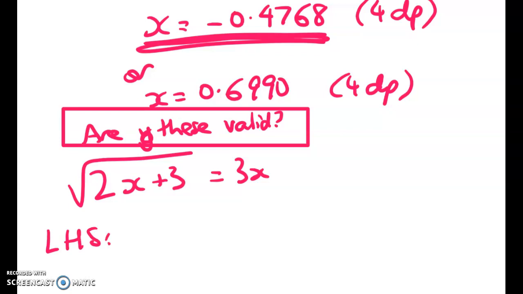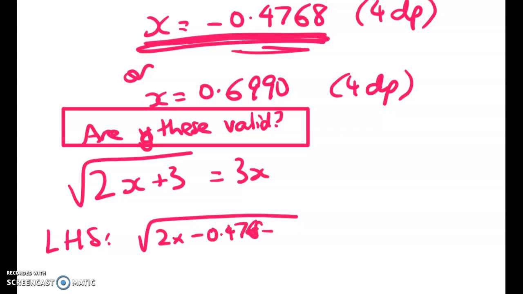So let's start off with x is equal to this one here. Square root of 2 times negative 0.4768 plus 3. What did I get? I got 1.988. Right, so the square root of that, you can work it out, it's going to be a positive number.